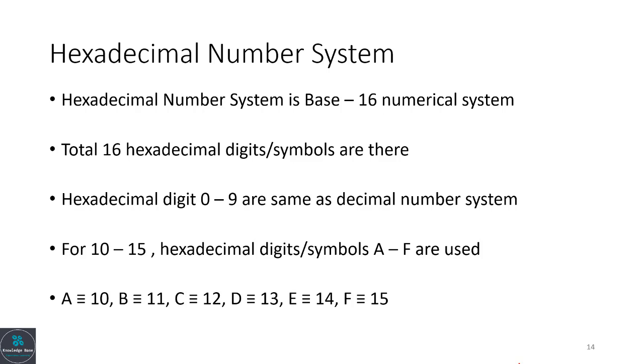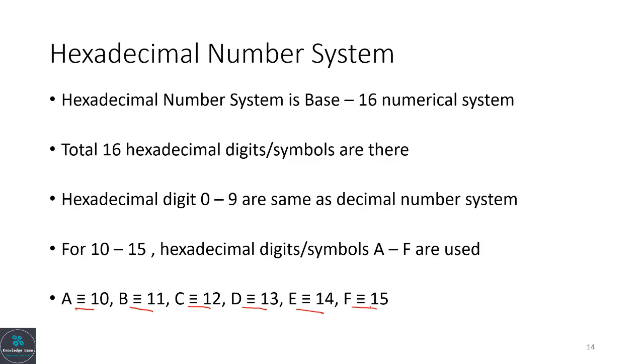Hexadecimal 0 to 9 is the same as decimal, but from 10 to 15 the remaining 6 symbols are represented by A to F, where A is equivalent to 10, B is equivalent to decimal 11, C is equivalent to decimal 12, D is equivalent to decimal 13, E is equivalent to decimal 14, and F is equivalent to decimal 15. So if we get 10 in decimal, it will be A in hexadecimal.